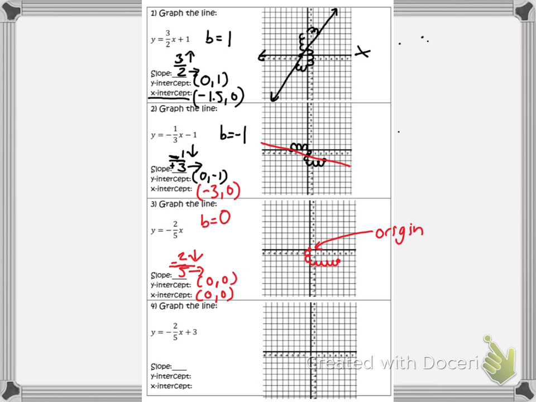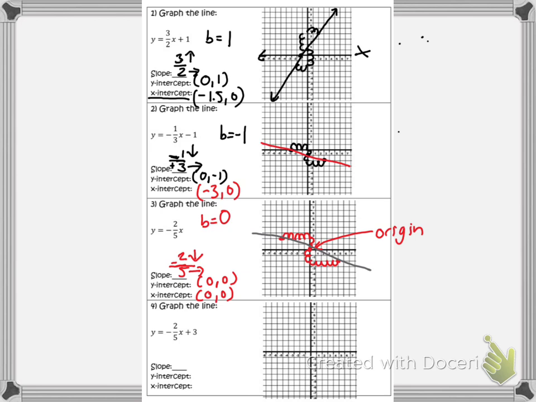Remember, you do need to graph that other dot, so I'm going to go the opposite way, which is 2 up, and then 5 to the left. 1, 2, 3, 4, 5, right here. And then now I'm going to connect these 3 dots with a line. A straight line, as straight as I could draw it.